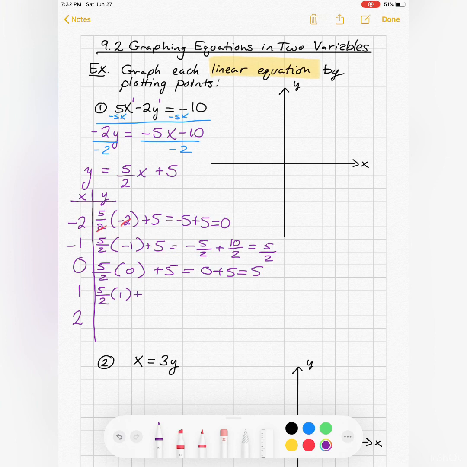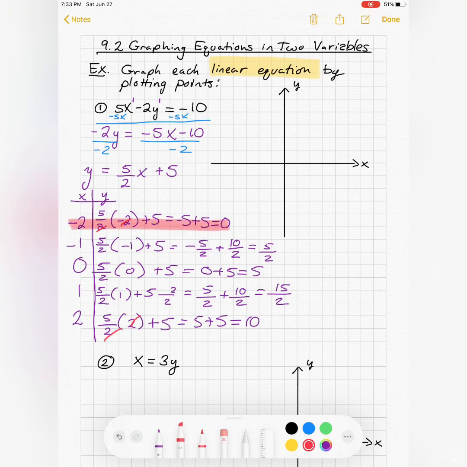Five halves times 1 plus 5. So again, I multiply by 2 over 2. Okay, so let me look at these points that I found. So from the first column, the x is -2, the y is 0. So the point that I actually found there is -2, 0.